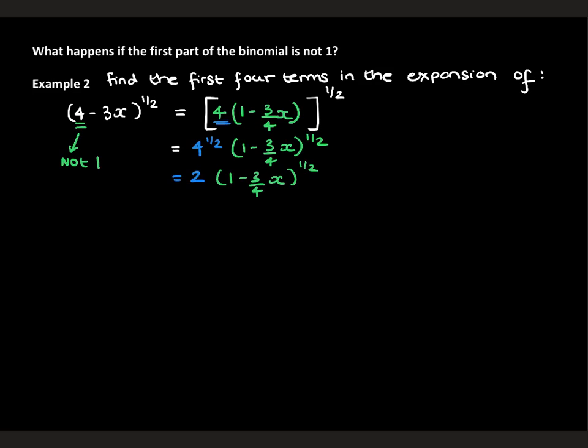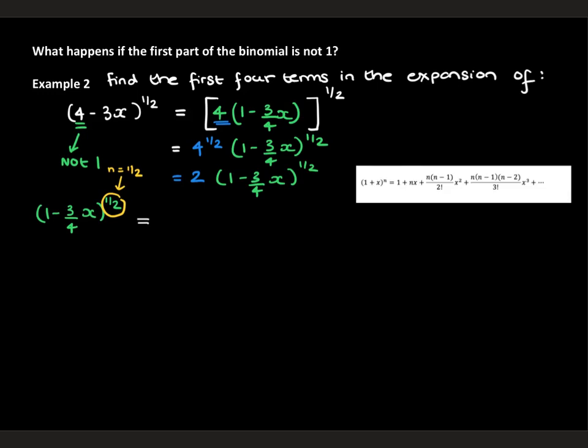So I'm going to move over here and I'm going to take the expansion of 1 minus 3/4 x to the power of a half, and we're going to perform this expansion. Our value of n is equal to a half, so we are ready to conduct our expansion.